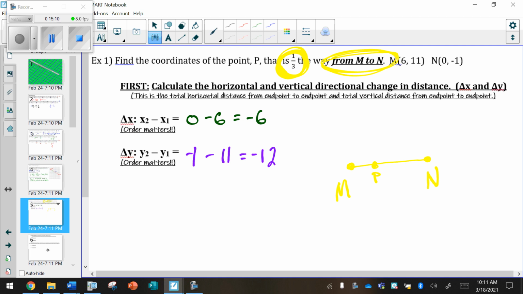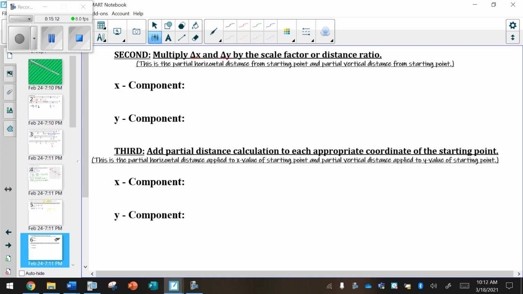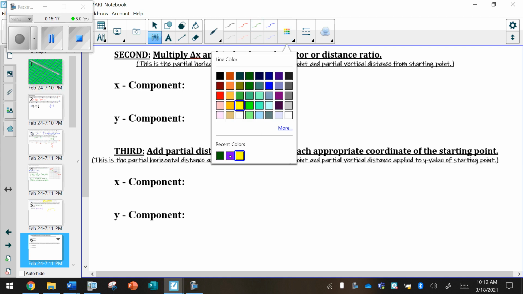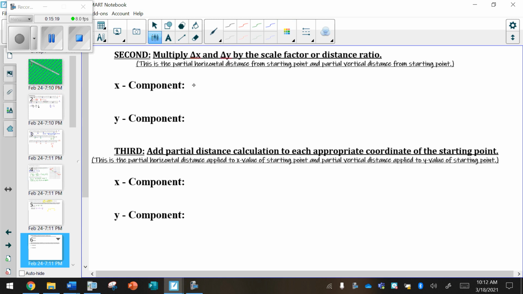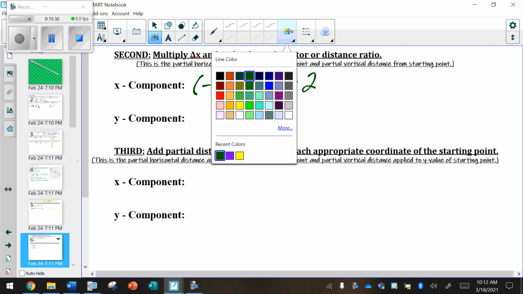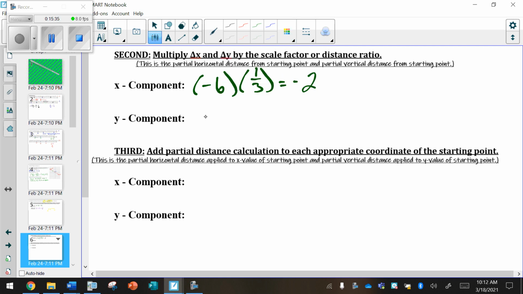So that means my distance for x, which was -2, gets multiplied times my ratio of 1/3. I'm sorry, that was -6. And then for y, my distance of -12 gets also multiplied by 1/3, and that's -4.